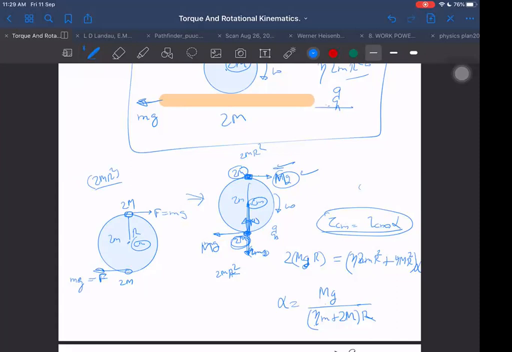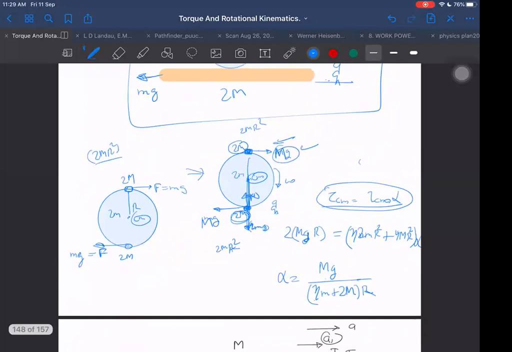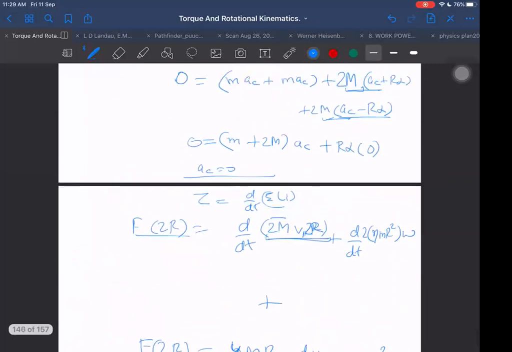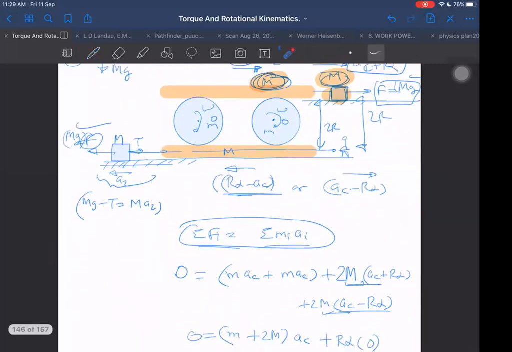Means there you wrote angular momentum for the blocks on the horizontal as 0, no, sir. I didn't understand that step. Where did I say angular momentum 0? Torque is equal to I into alpha. I'm writing that here. Sometimes you are saying go down, sometimes go up. Let's stick to one place first of all.